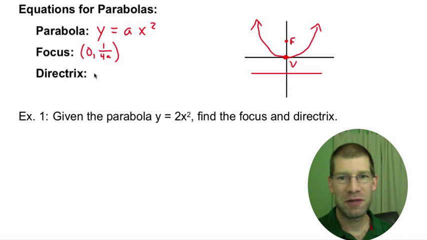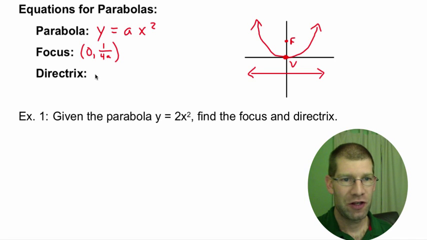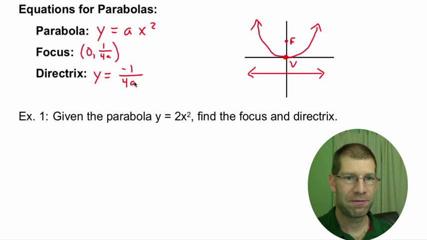The directrix is a horizontal line, so all the points are the same distance from the x-axis, and the equation has to be y equals something. All the y values are in common. If the focus is up a certain distance from the vertex, the directrix has to be that same distance down. So it's going to be y equals negative 1 over 4a.